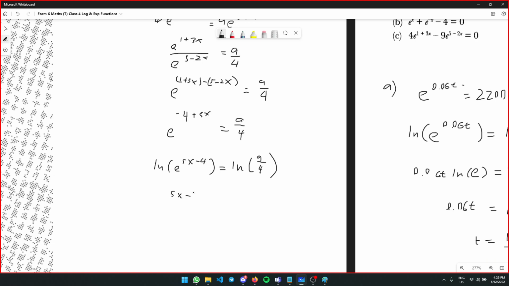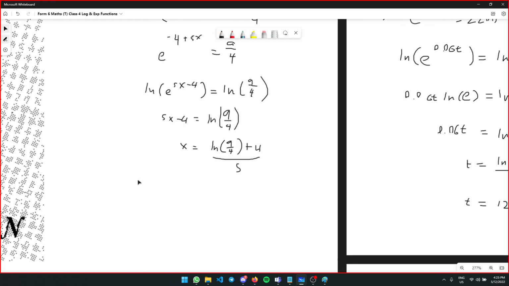So 5x minus 4 equals ln 9 over 4, and you can put the 4 over first. So x equals (ln 9 over 4 plus 4) over 5.